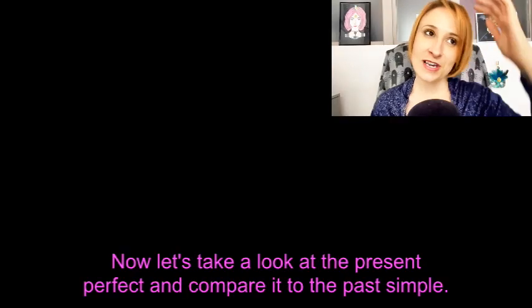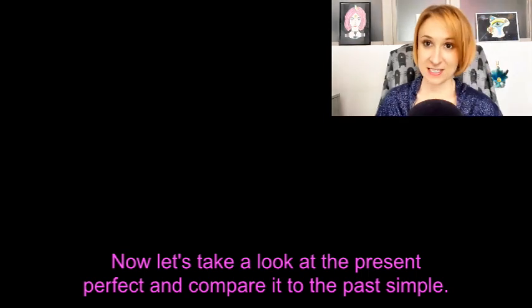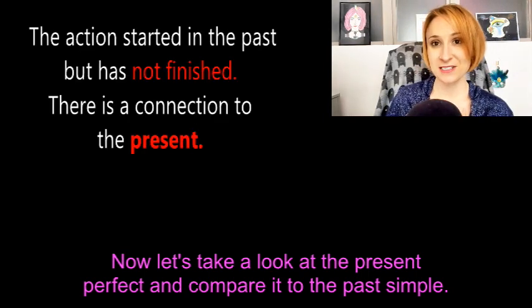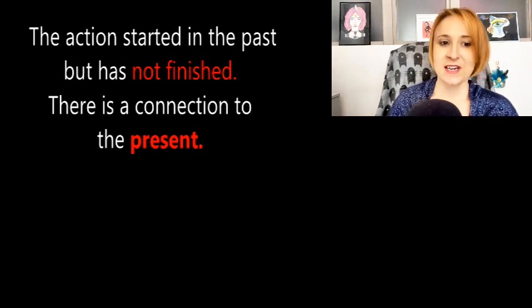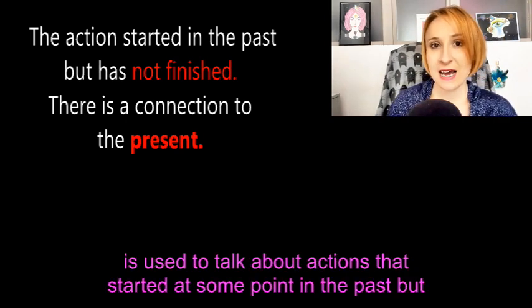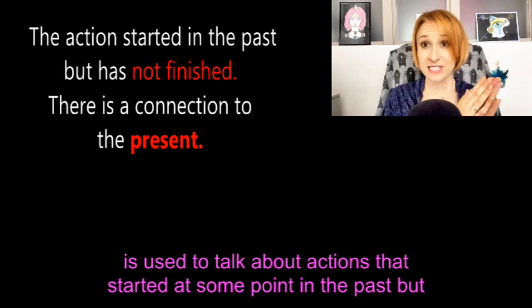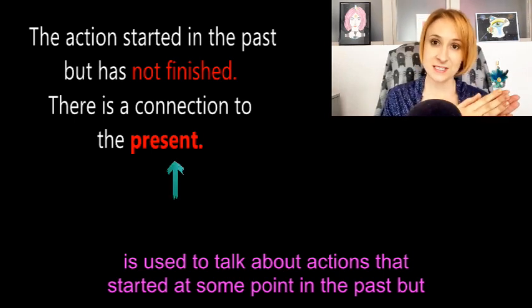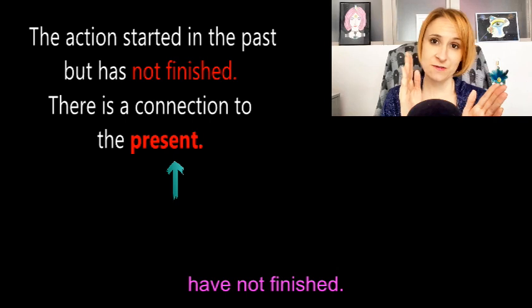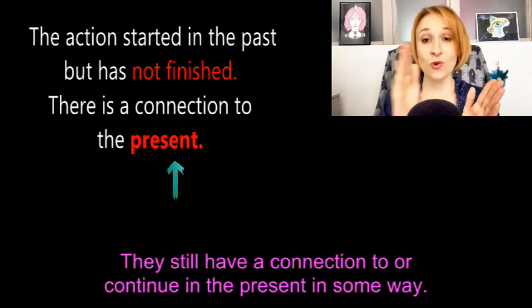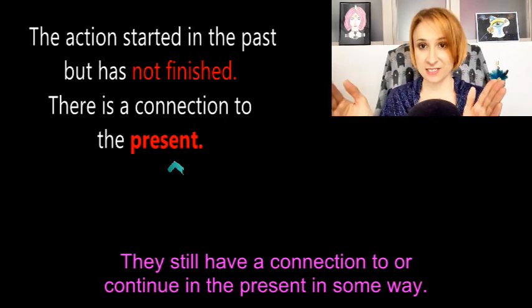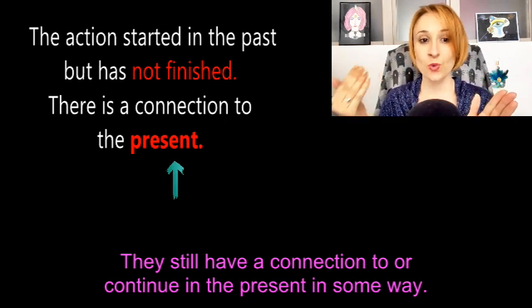Now let's take a look at the present perfect and compare it to the past simple. The present perfect is used to talk about actions that started at some point in the past, but have not finished. They still have a connection to or continue in the present in some way.